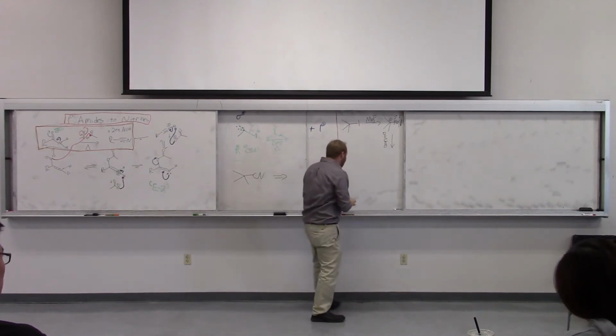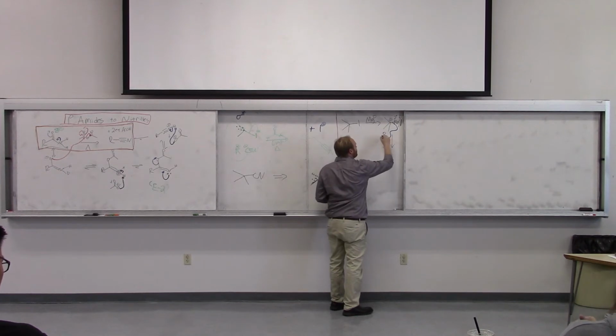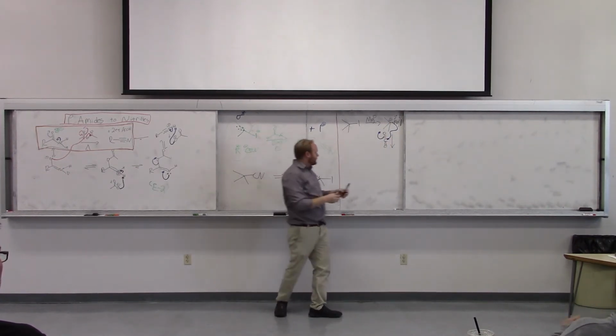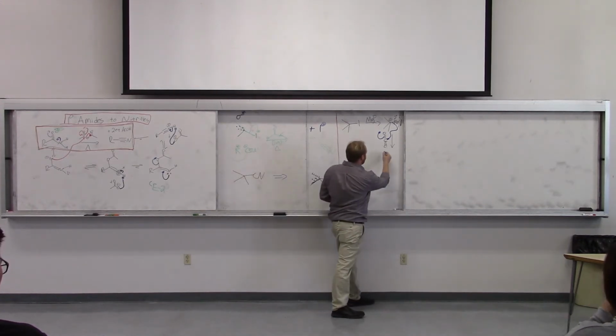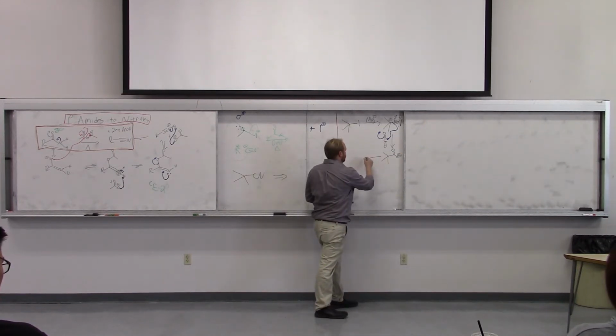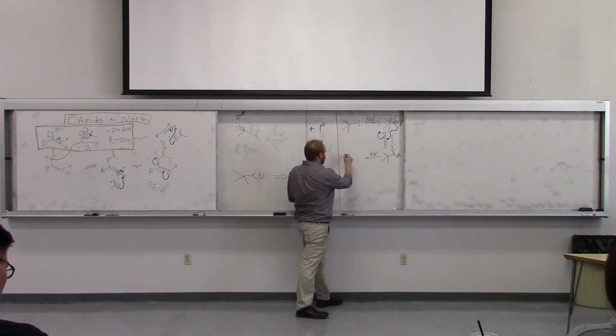And so then what will happen is our Grignard will attack the CO2, giving us our carboxylate, which we can of course protonate using acid to give us a carboxylic acid.